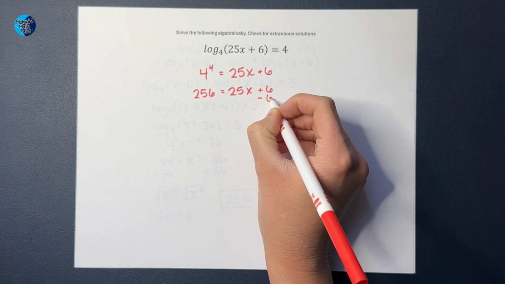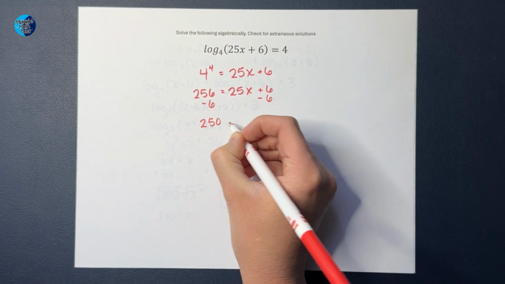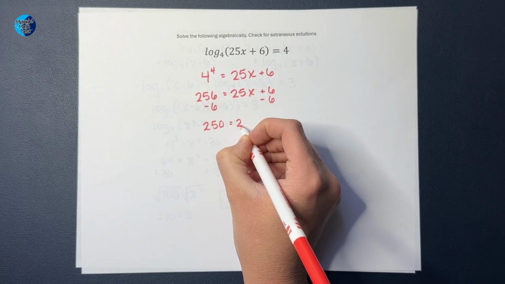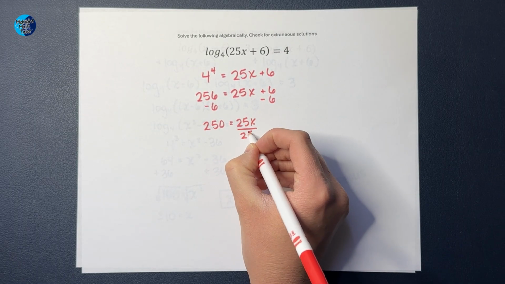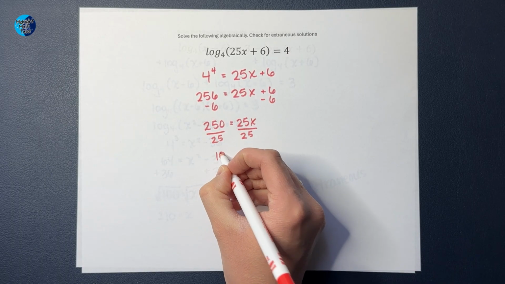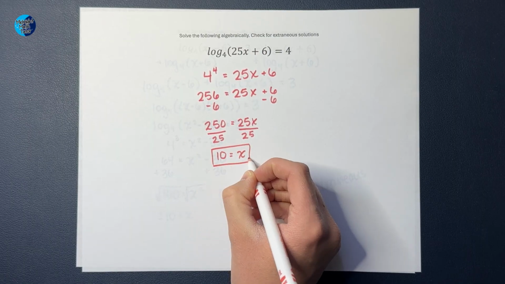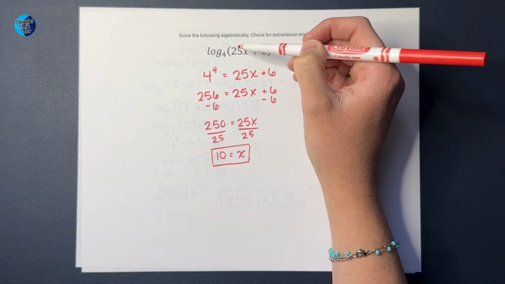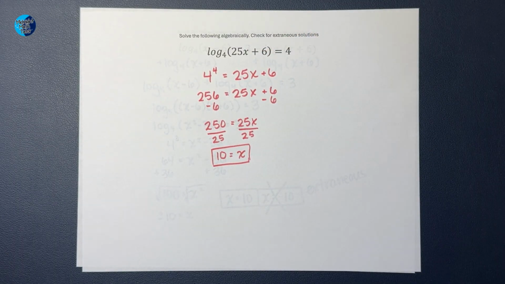Now I'm just trying to get my x alone, so I'm going to subtract 6 from both sides. I get 250 equals 25x, and then I'm going to divide, and I end up with 10 equals x. All right, let's make sure this isn't extraneous. 25 times 10 is going to be positive, plus 6 is going to be positive, so we are good.